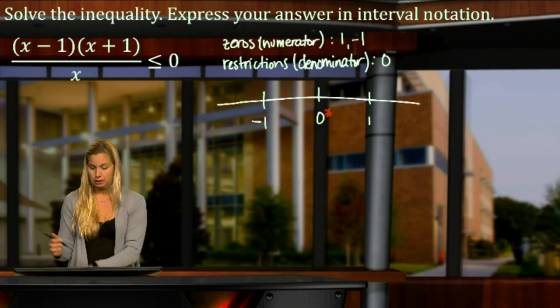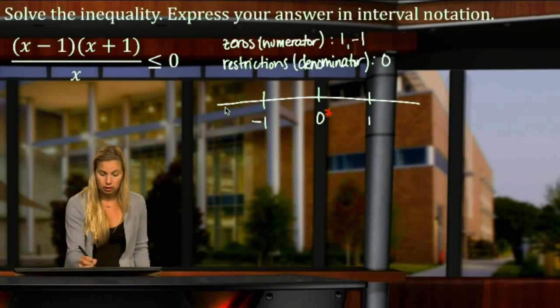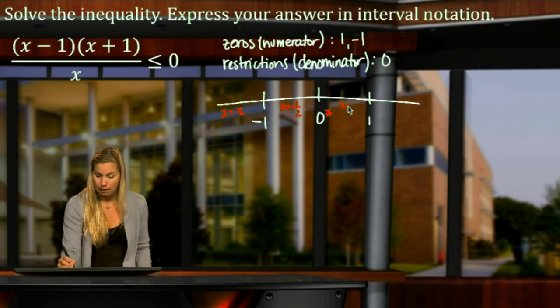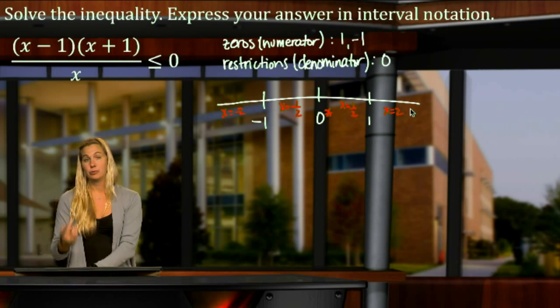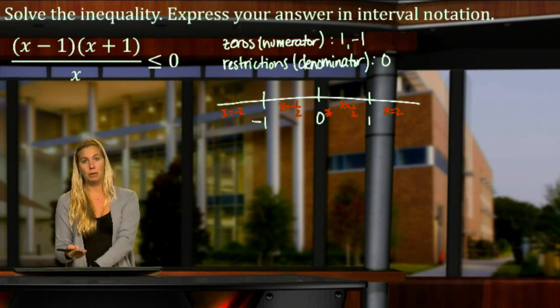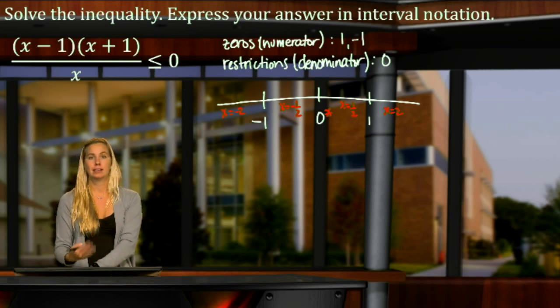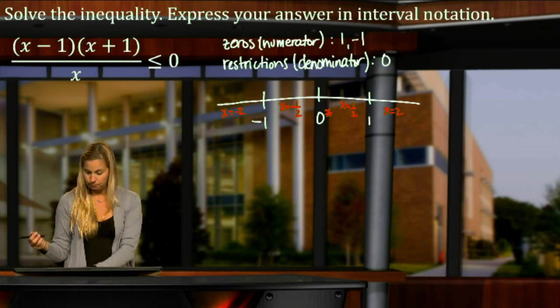Okay, same thing. We're going to test a value in each interval. So let's try -2, -1/2, +1/2, and +2. We can use the factored version as well, and we're going to do the same thing where we just are finding the signs of our factors because that will be enough information to determine the sign of the polynomial.